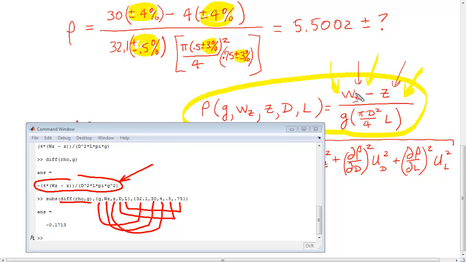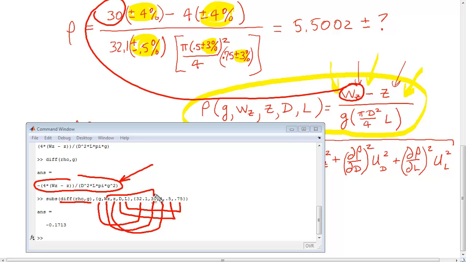Now, am I correct? Let me make sure. WZ was 30. Am I right there? Yes. Let's see. Z hopefully was 4. Yes. And G, I'm hoping was, this G was 32.2.